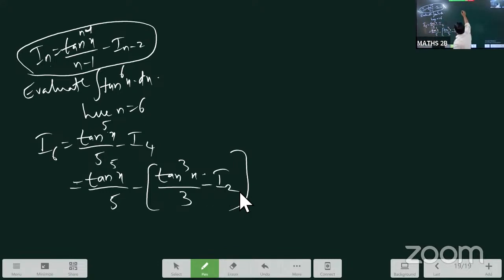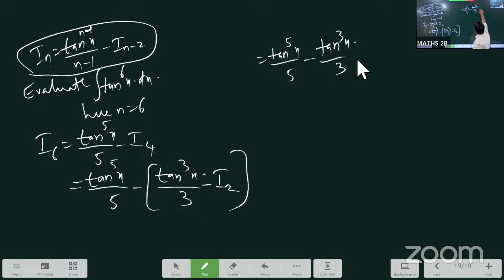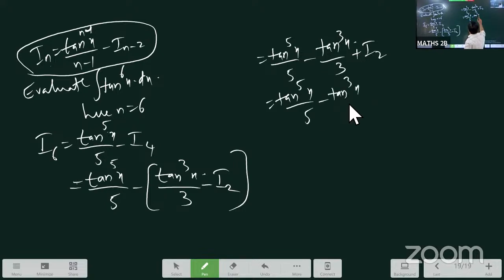Now that is nothing but tan to the power 5 x by 5 minus, inside, tan cube x by 3 minus I2, minus into minus is plus I2. So tan to the power 5 x by 5 minus tan cube x by 3 plus I2. I2 means what I'm going to get?